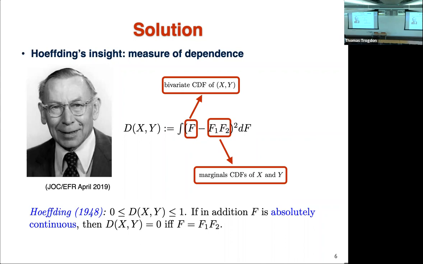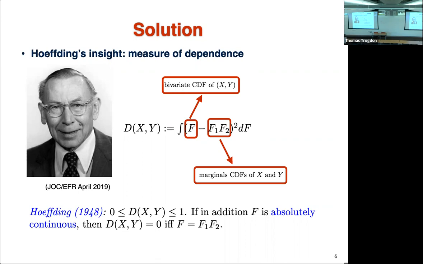If F is not absolutely continuous, then we can find counterexamples. But if we believe we can still buy absolute continuity, then it indeed satisfies Reynolds' second criterion.